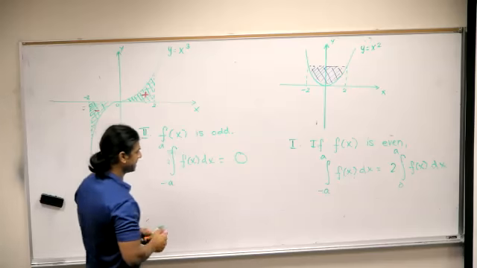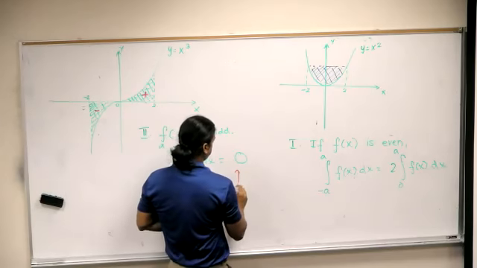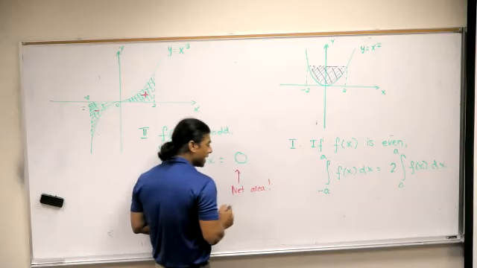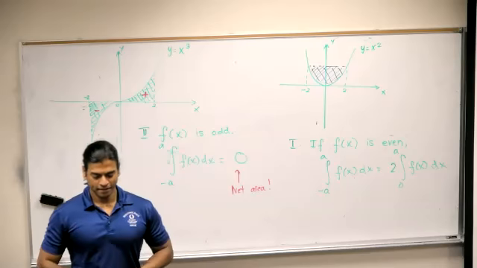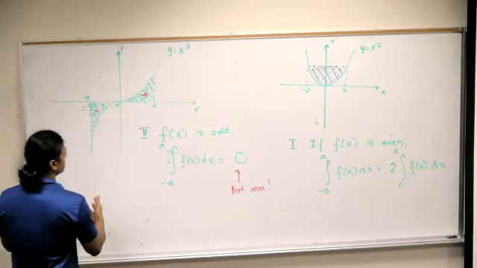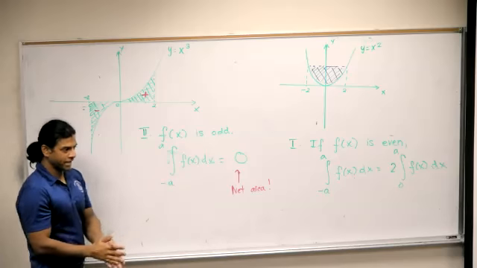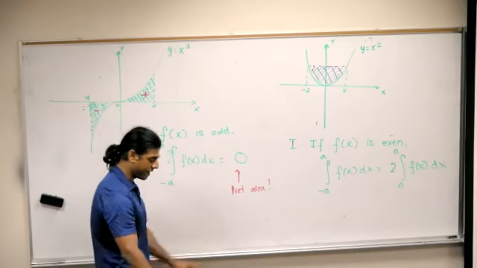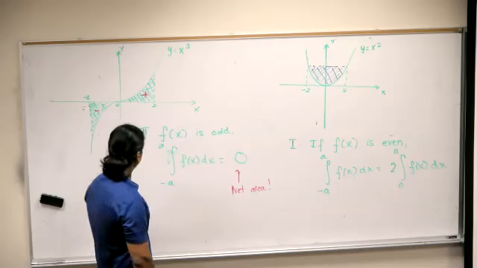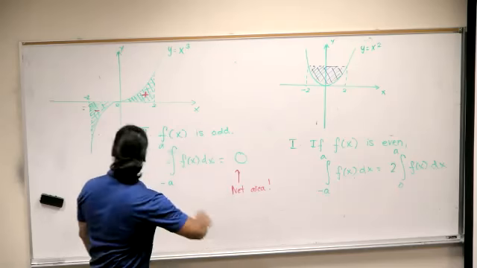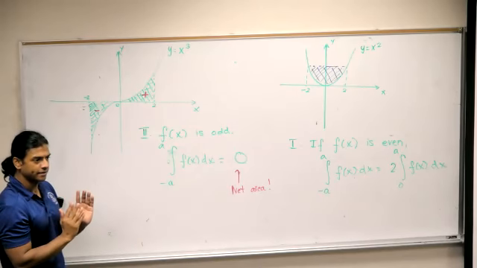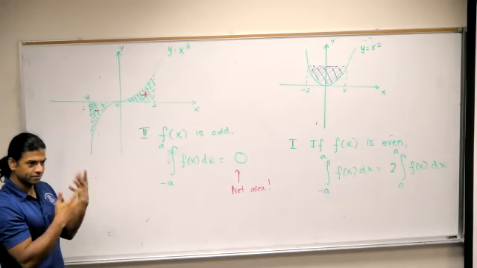Now, mathematically, this is what we call the net area. But if you're extending this to a practical application, let's say you have a piece of carpet and you cut it in this manner and you want to find the area via integration.